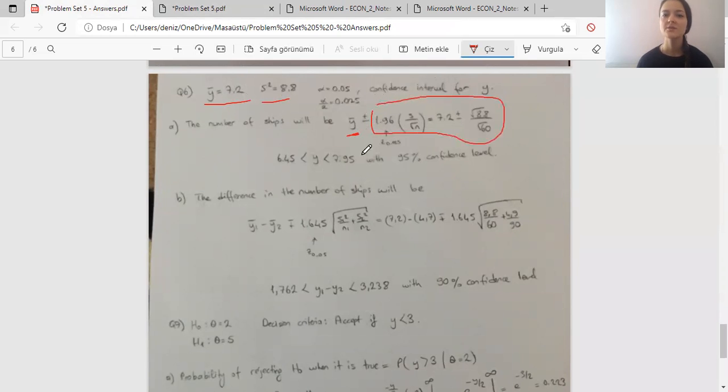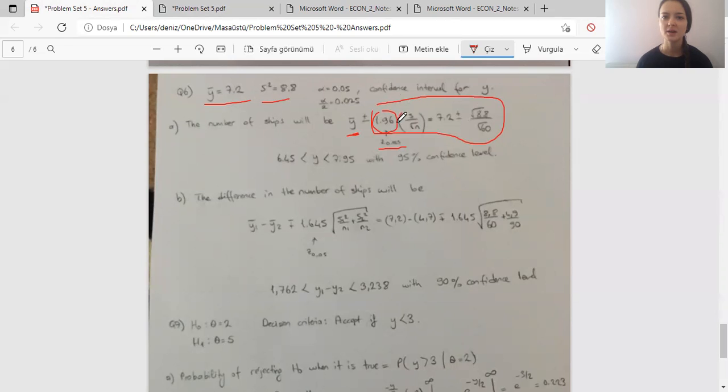Okay, the formula includes two things basically. The first one will be the critical value for z, which is alpha over 2 equals 0.025 here. So this is 1.96 from memorization just, okay?